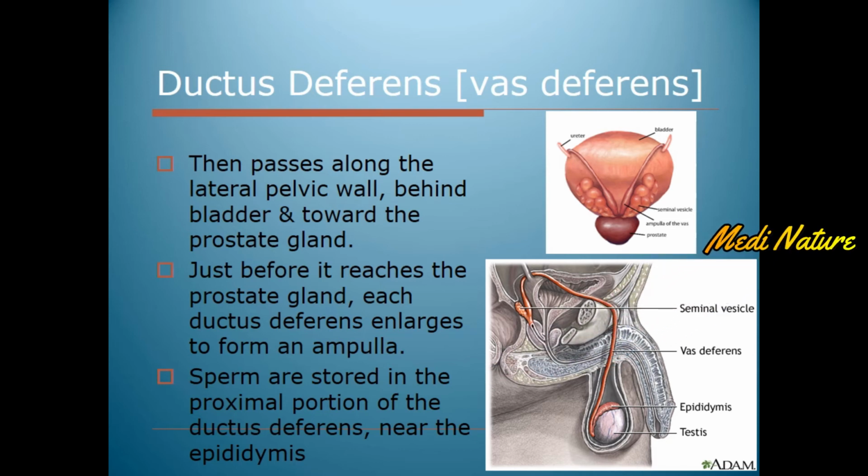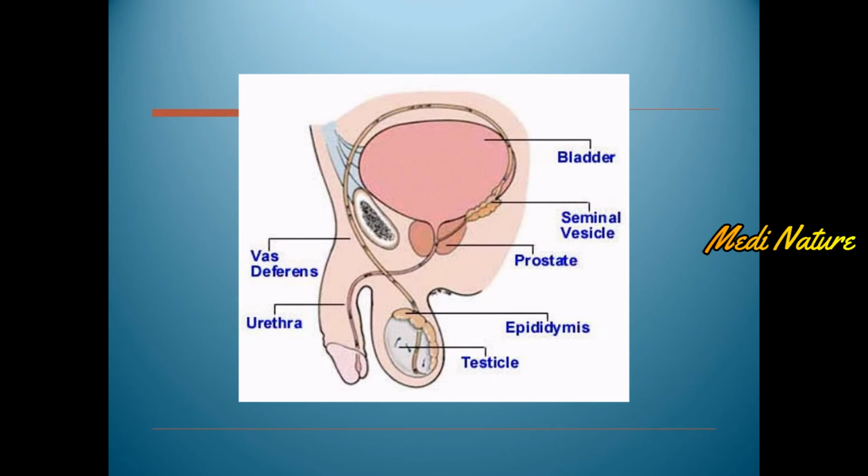Just before it reaches the prostate gland, each ductus deferens enlarges to form an organ called ampulla. The sperms are stored in the proximal portion of the ductus deferens near the epididymis. This picture gives the pathway of ductus deferens.